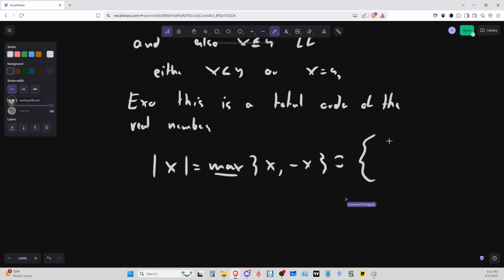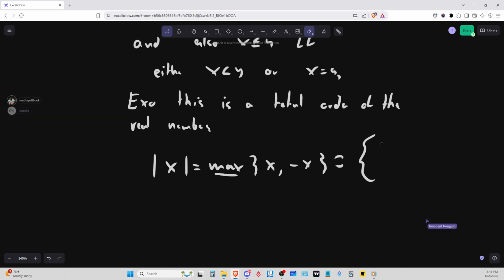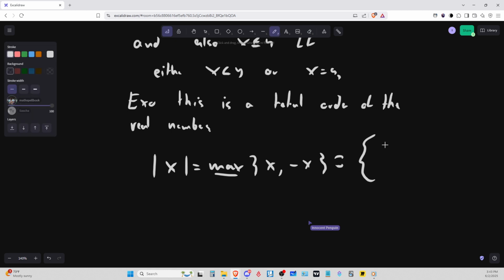I remember I saw this in a book: it's x if x is greater than 0, it's negative x if x is less than 0.